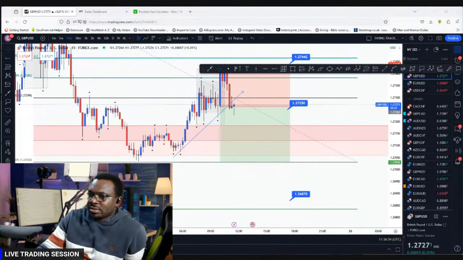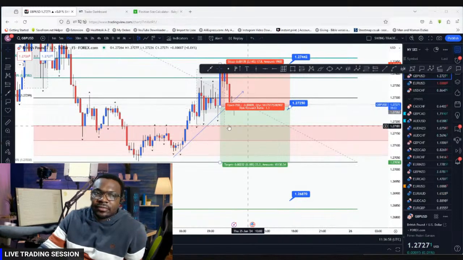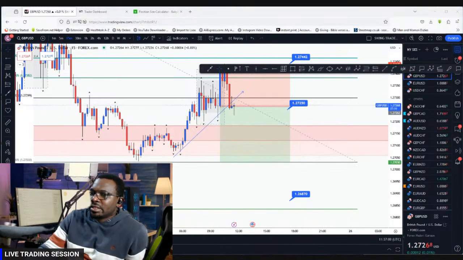So we're selling this trade. We're selling the market. If you're joining us the first time, our trade is already activated. We're selling it.